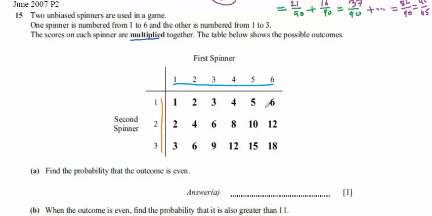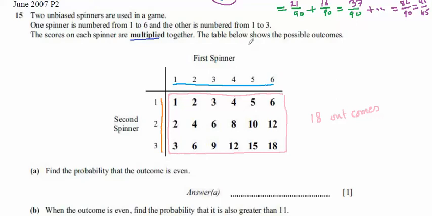It means that the outcomes for this experiment, if I mark them with pink color, are these. So these are the outcomes. How many are these? These are 6 times 3, 18. So total 18 outcomes. So the denominator of the probability will be 18 in this case. Okay, so find the probability that the outcome is even.